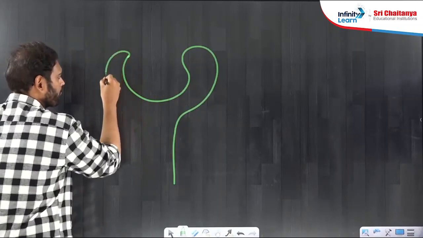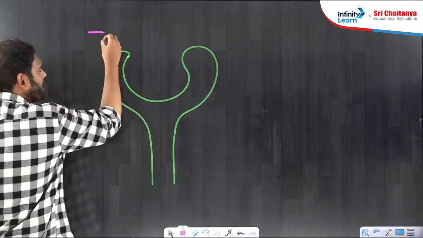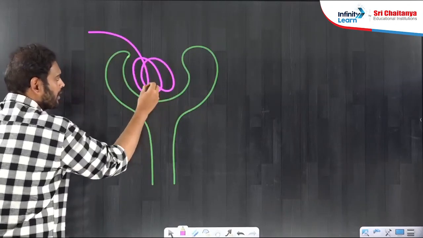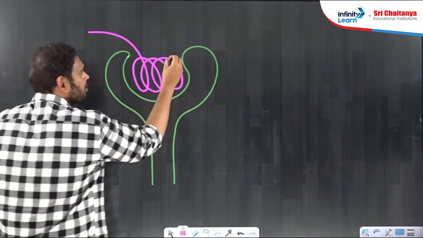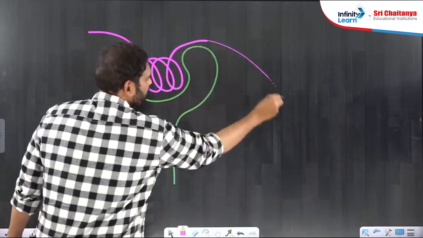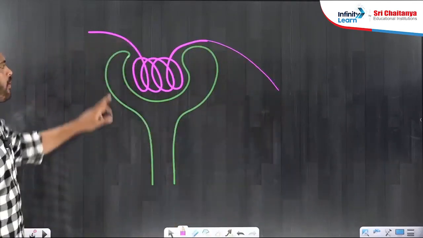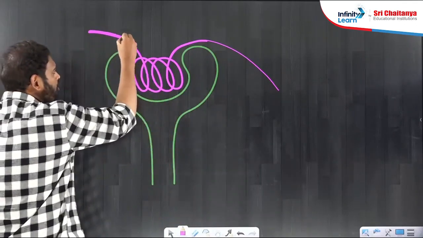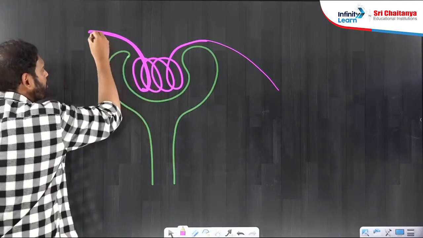See this. Inside glomerulus, the capillary size is very small, isn't it? As there is a very clear difference between the diameter of afferent and efferent arterioles.